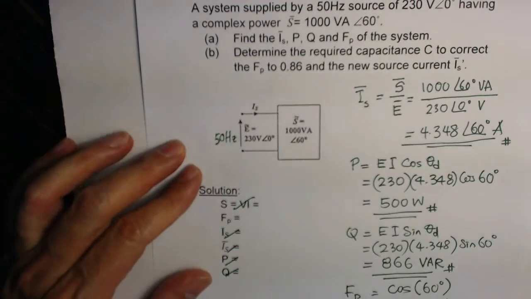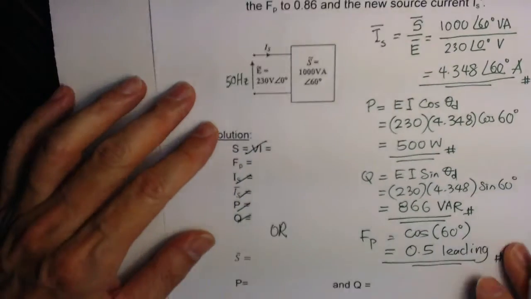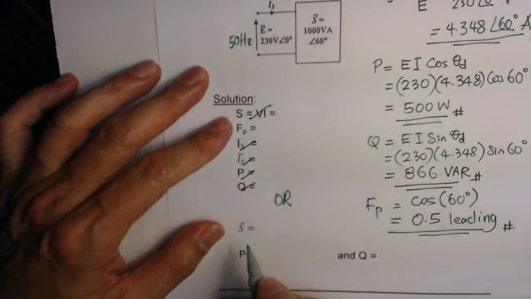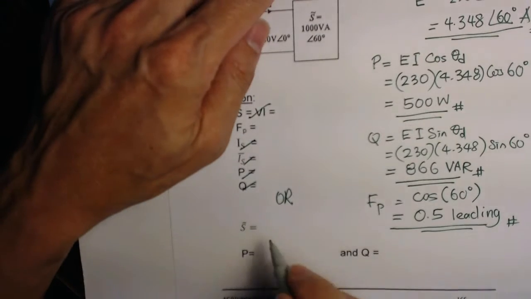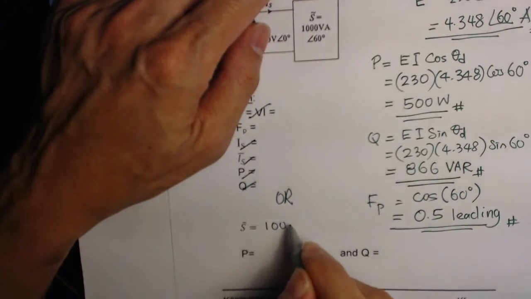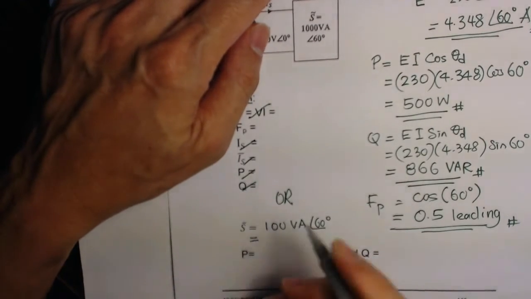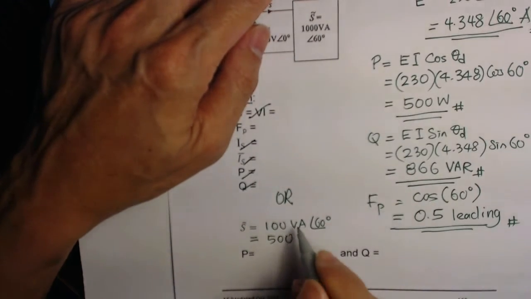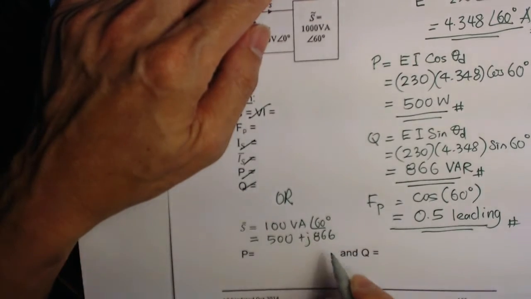Now the other method of doing it is to derive it from the complex power. The complex power is 1000 VA at an angle of 60 degrees, right? Now this one, if I convert it to the rectangular format, I will have 500 plus j866.